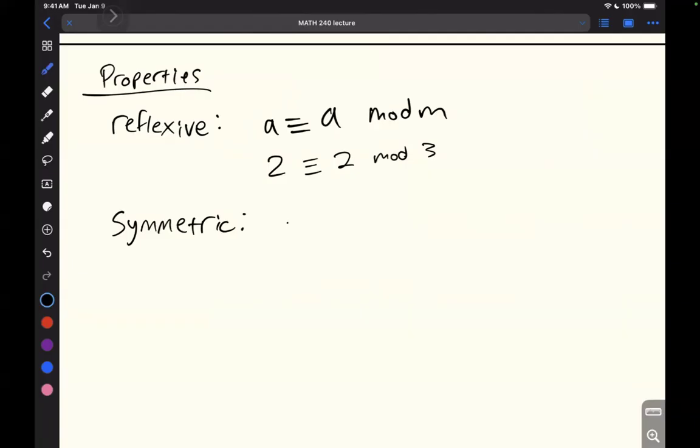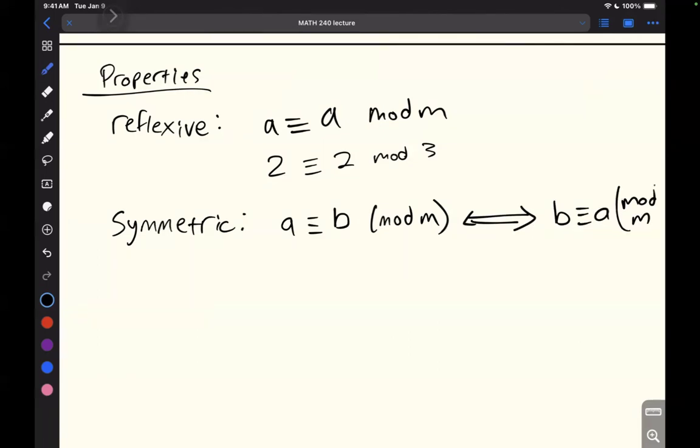The symmetric property is: A is congruent to B mod M if and only if B is congruent to A mod M. So we can swap them around. This is true even if A equals B, so 2 equals 2 mod 3, we can swap them around.